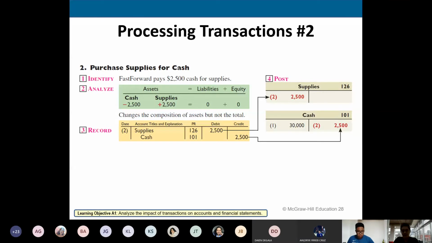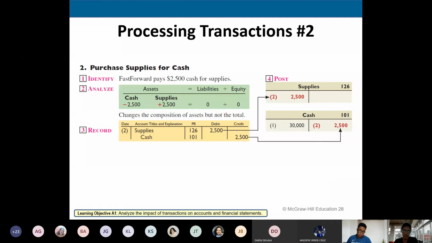So when the transaction is very general, you don't know which specific payable account to credit. What we use is accounts payable. Accounts payable is used when the item you bought is used in your operations.